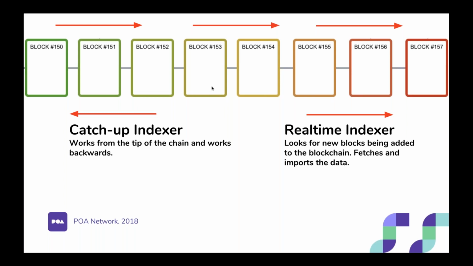If we started at the Genesis block, or block 1, and worked our way up, users wouldn't have the ability to see all this data between the Genesis block and the tip of the chain. Yes, we are getting some data from the Realtime Indexer, but a much better user experience is working backwards from the tip of the chain back to Genesis.